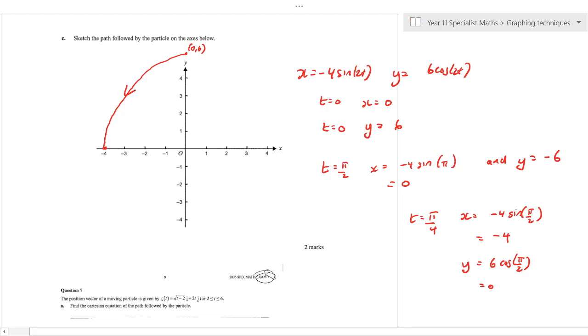And at time equals pi on 2, y equals minus 6. So have I just drawn a full ellipse or a half ellipse? A half ellipse. Once again, label the endpoints.